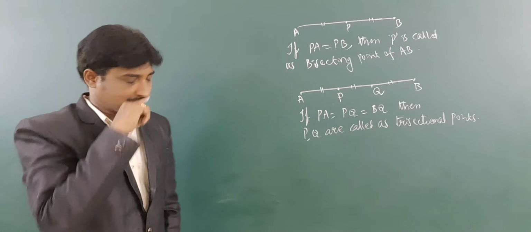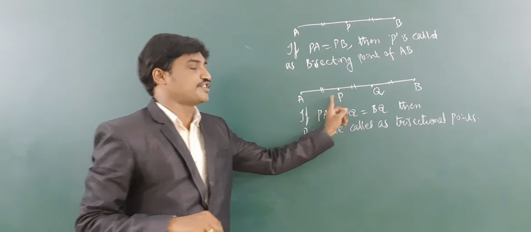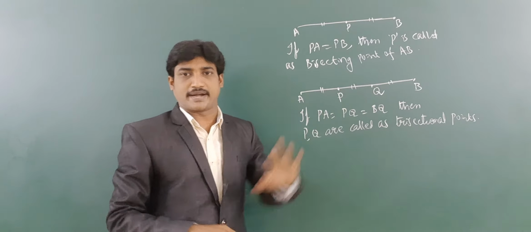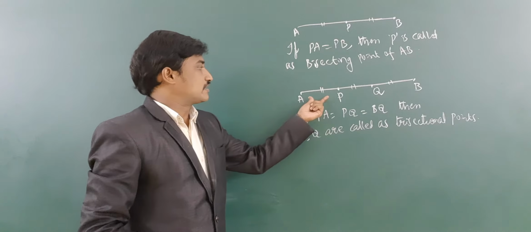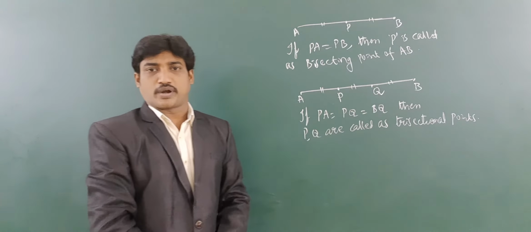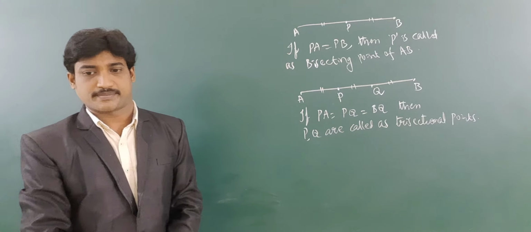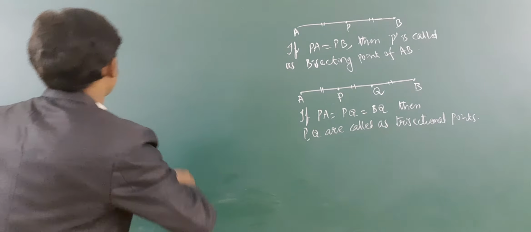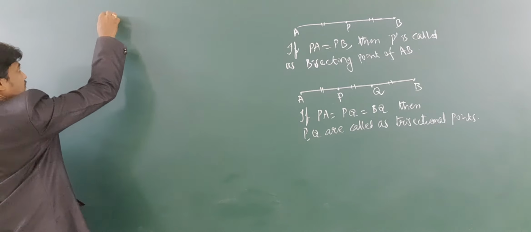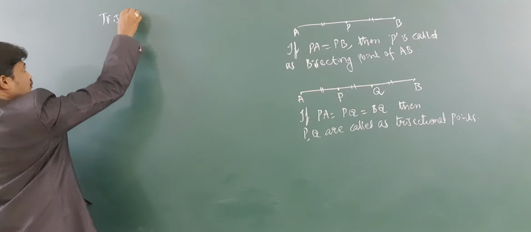What are the trisectional points? The points which divide the given line segment into 3 congruent parts, 3 equal parts, are called trisectional points. Let us write the definition.